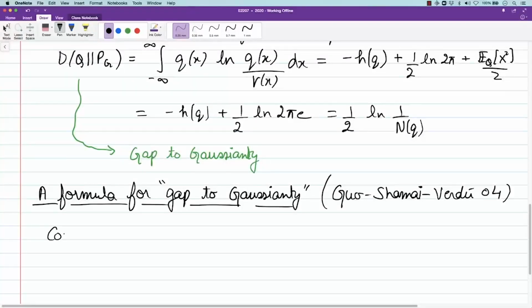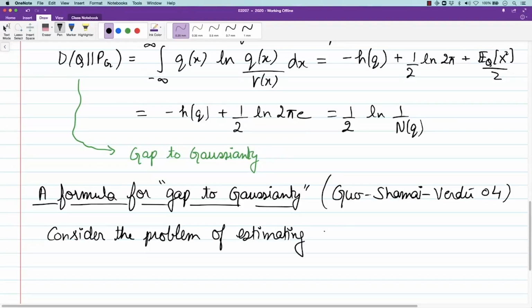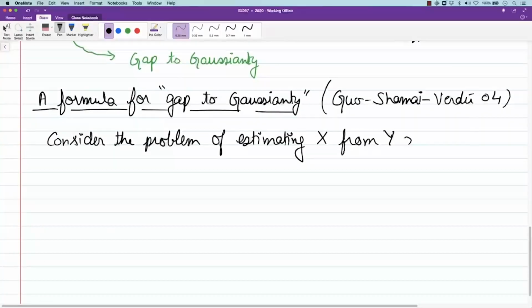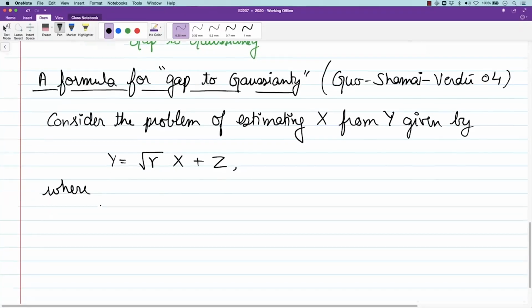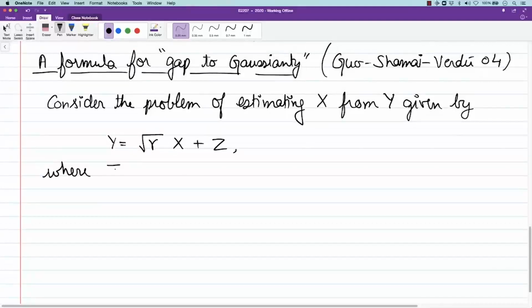So consider the problem of estimating x by using observation y, given by y equal to square root gamma x plus z, where z is a standard Gaussian random variable that is independent of x.